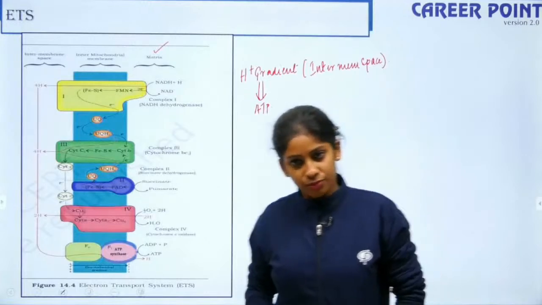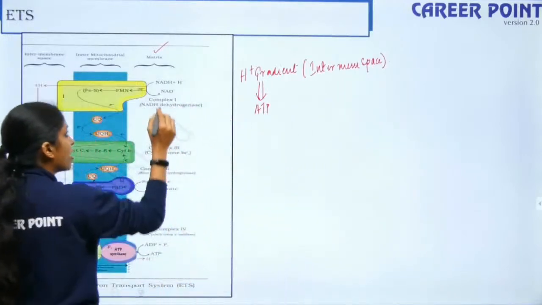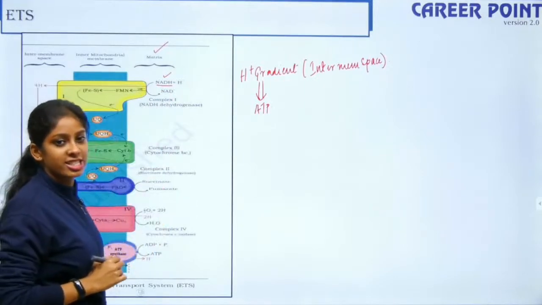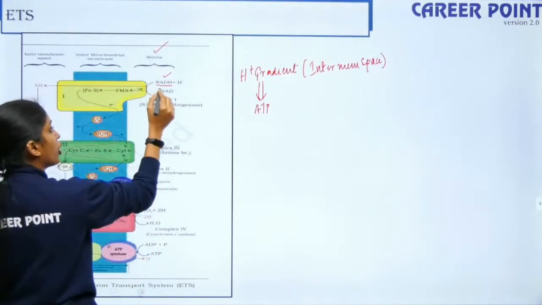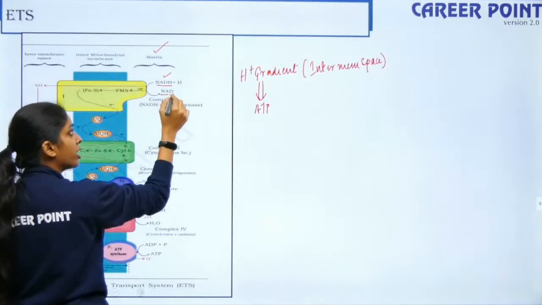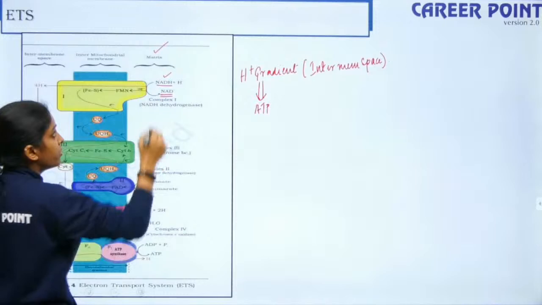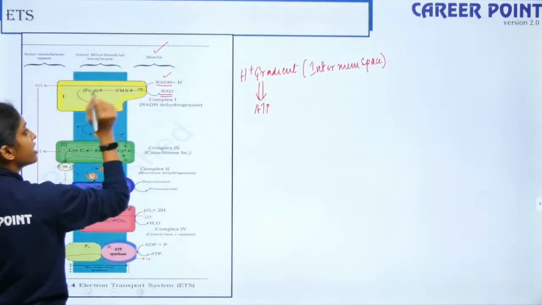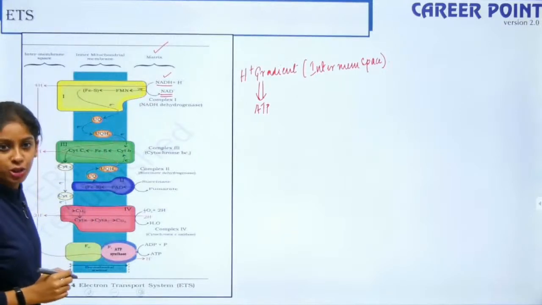Fine. So first you have your NADH that is produced from your Krebs cycle, glycolysis and the link reaction. So your NADH plus H plus is converted into NAD plus. This is in your matrix. So when this happens, this releases your electrons along with H plus.